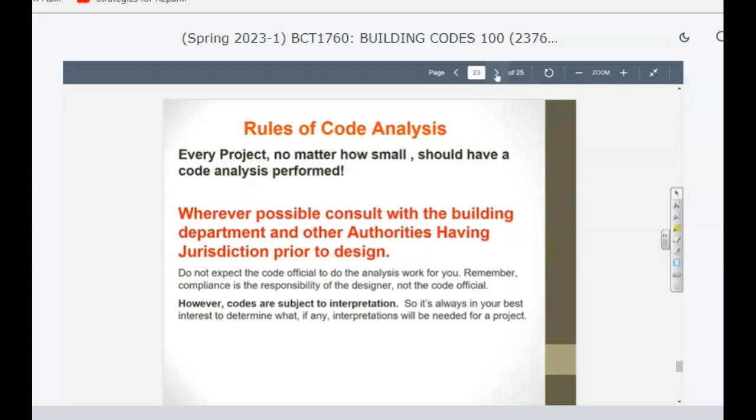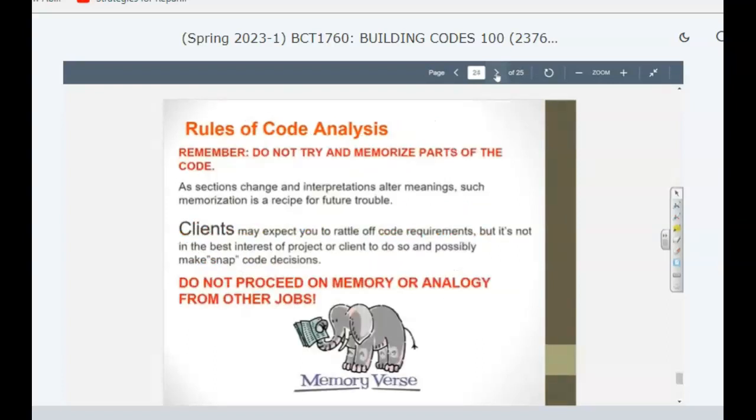Do not expect the code official to do the analysis work for you. Remember, compliance is the responsibility of the designer, not the code official. But there are many levels of people who put together a package when you're creating a building that can help. Codes are subject to interpretation, so it's always in your best interest to determine what, if any, interpretations will be needed for a project.